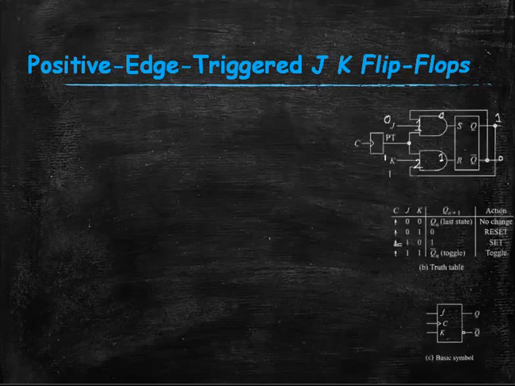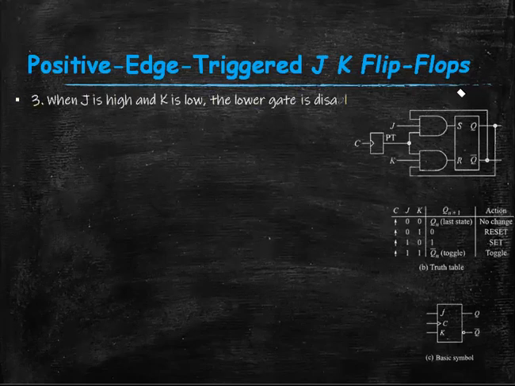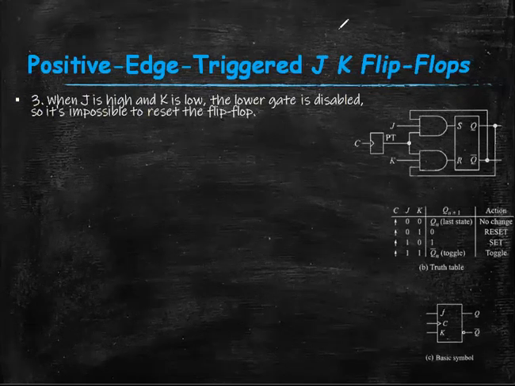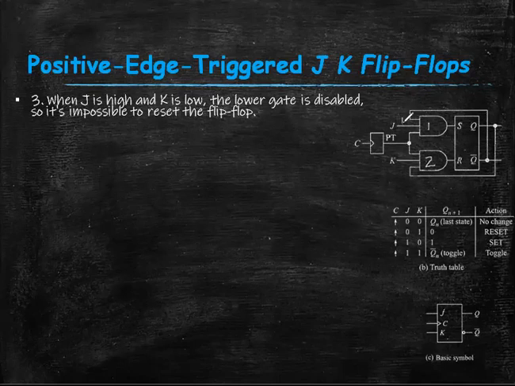And in the third case, we consider J is equal to 1 and K is equal to 0.